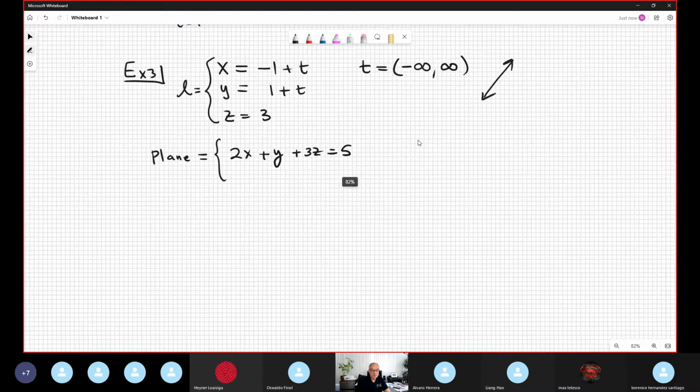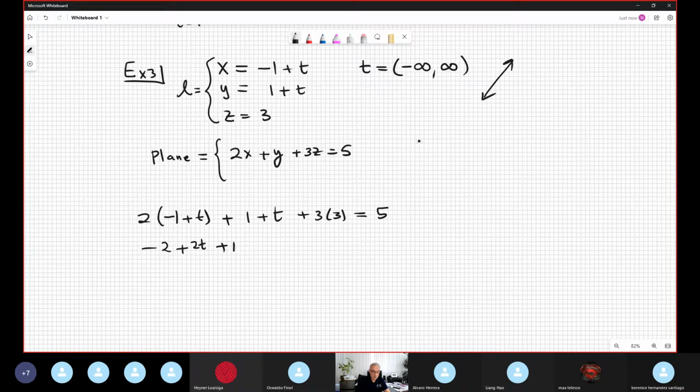You find 2 times (-1 plus t) plus y, y is 1 plus t, plus 3 times 3. It's a coincidence, it's 3, and equals 5. Okay, you have a linear equation, super easy. You apply the distributive property: -2 plus 2t plus 1 plus t plus 9 equals 5.